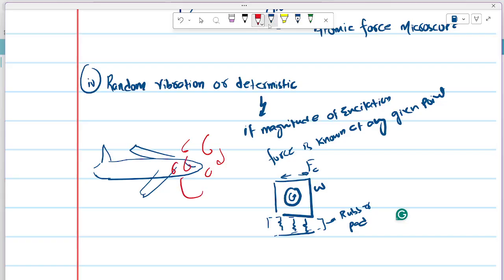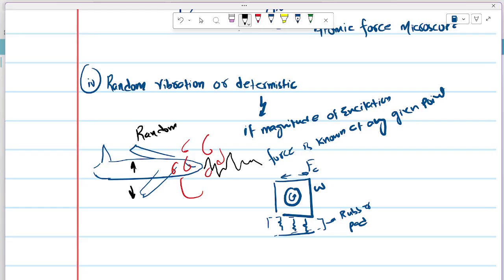Because of that, the plane will shudder, the plane will vibrate violently, and that will be a random vibration. The plane will go like this, like this. So there's no regular pattern, and you don't know what is the amount of force that is acting onto the plane. That's called a random vibration.